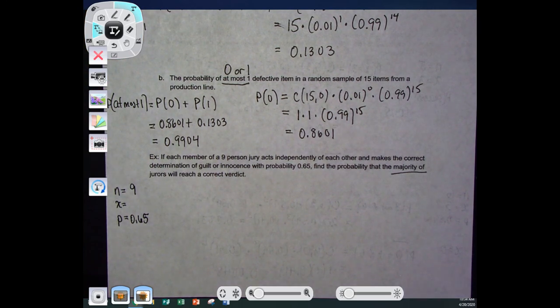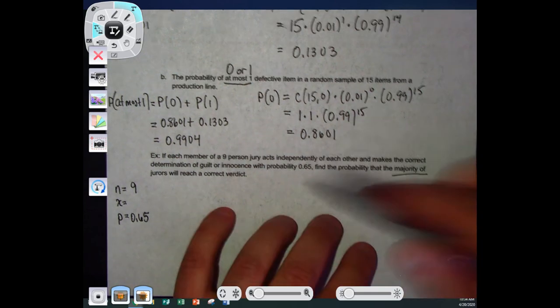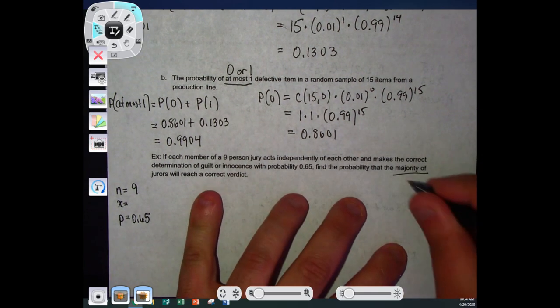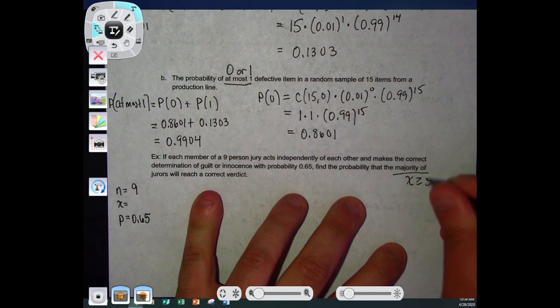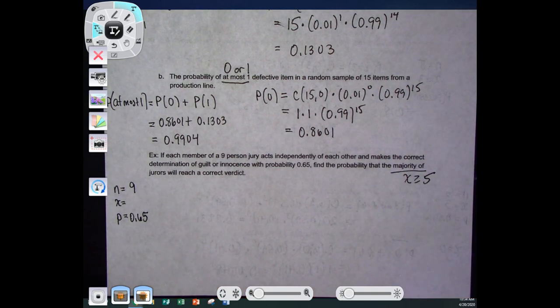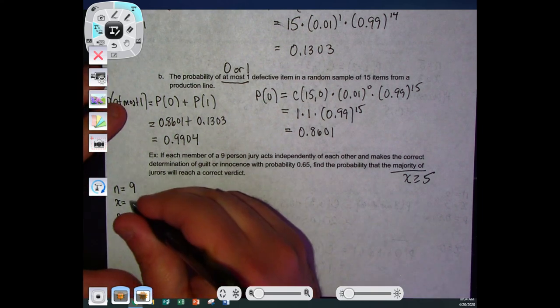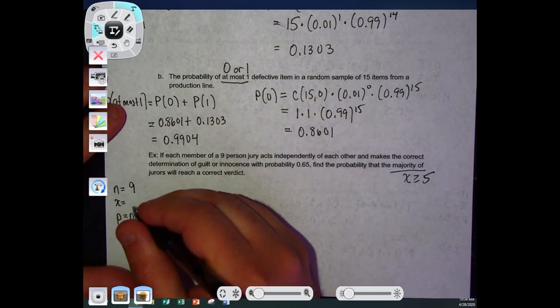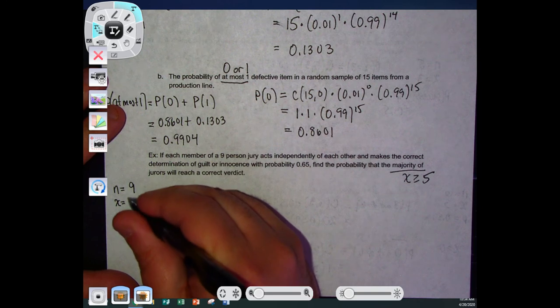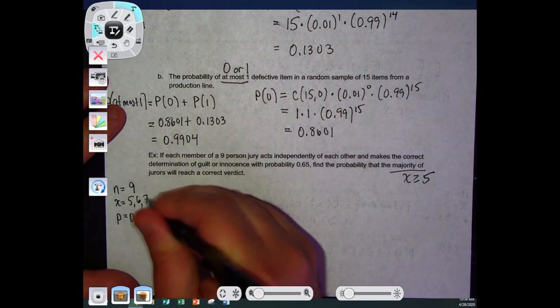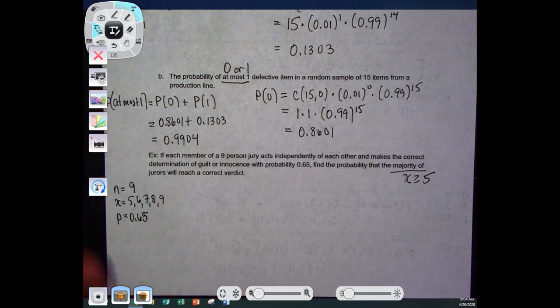So what's at least the majority of jurors in a 9-person jury? Well, that would be anything greater than or equal to 5. So in this case, our X is going to be anything greater than or equal to 5. Well, that could be 5, 6, 7, 8, or 9.